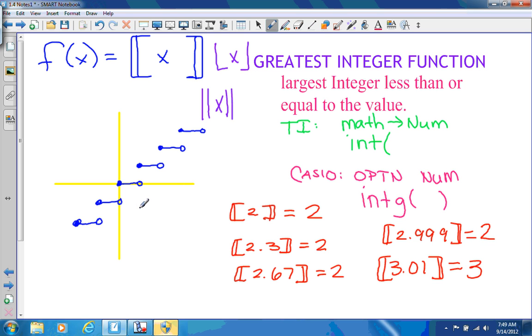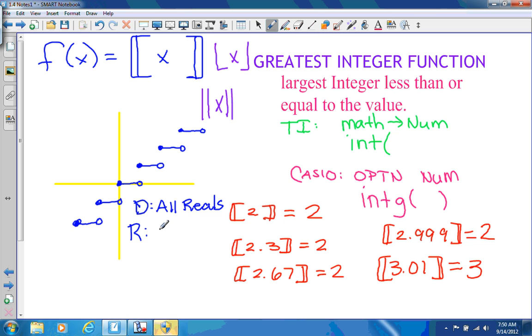The domain for this function is going to be all reals. Now the range is a little bit different. It doesn't include all real numbers because you can only get 0, 1, 2, 3, 4, 5, -1, -2, -3, -4, -5.